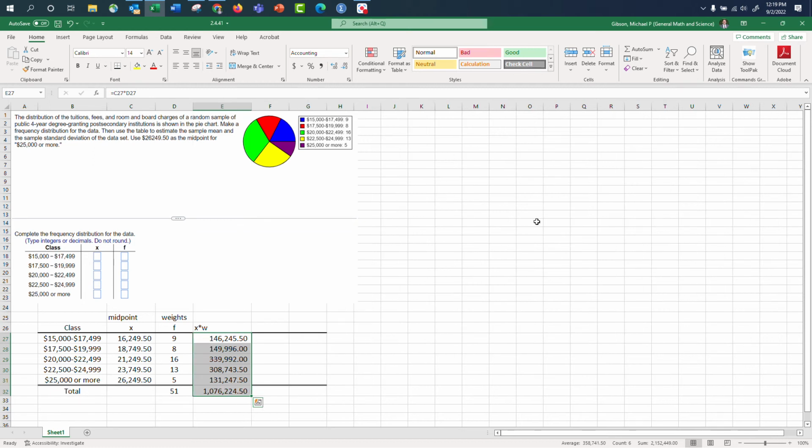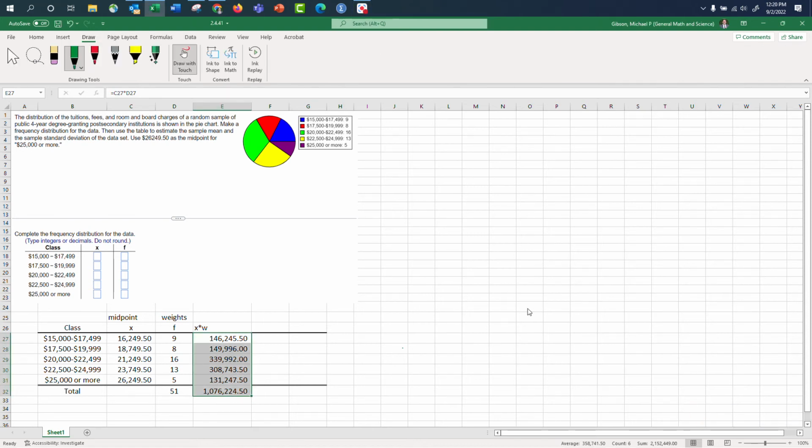If you remember, our weighted average, which is what they're asking us for here, the formula for it anyway, using the symbol they use in the book, is the sum of the X's times the W's over the sum of the W's, the weights.